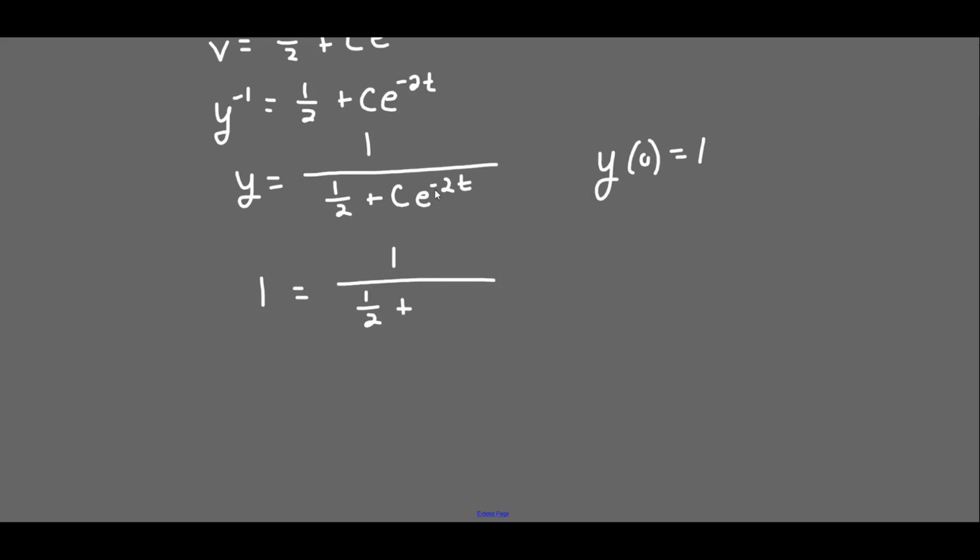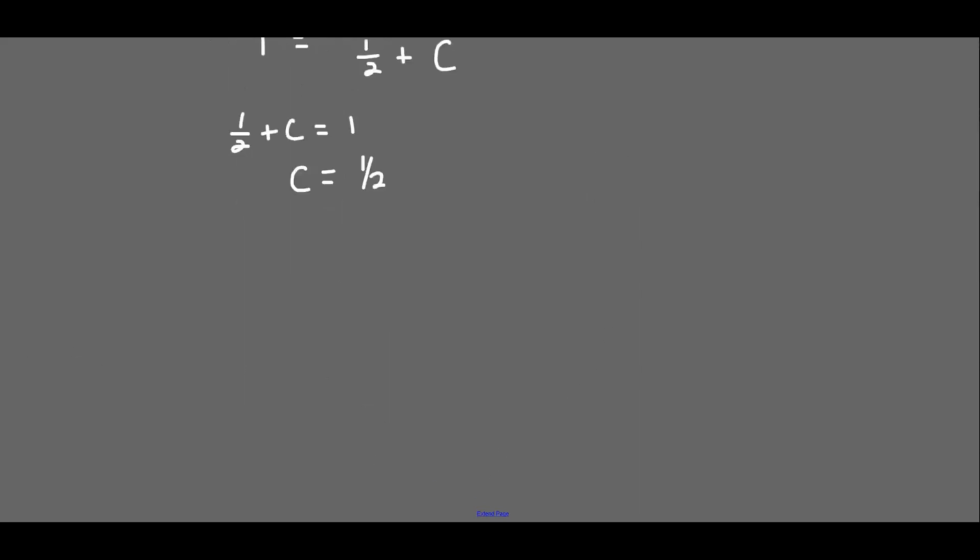If I plug in 0 for t, that's e to the 0, that's 1, so I just have a c right here. So I just need to solve for c, so let's multiply both sides by 1/2 plus c. And then subtract 1/2. 1 minus 1/2 is 1/2. So I get c is 1/2. I'll plug that back in to my equation.